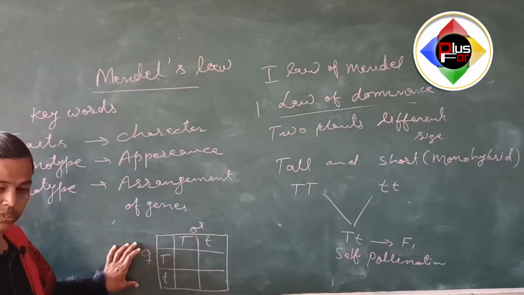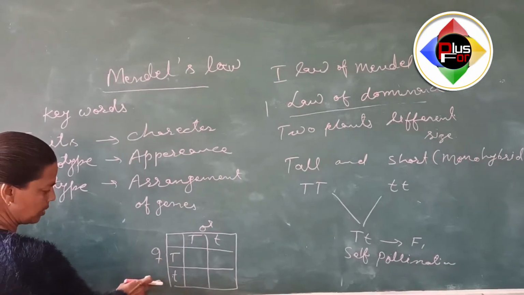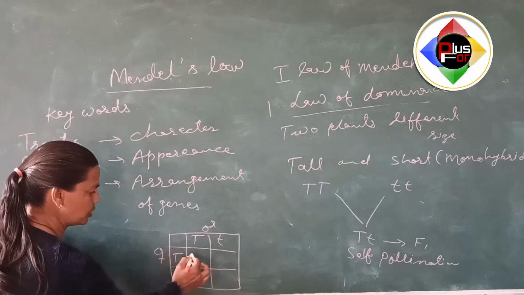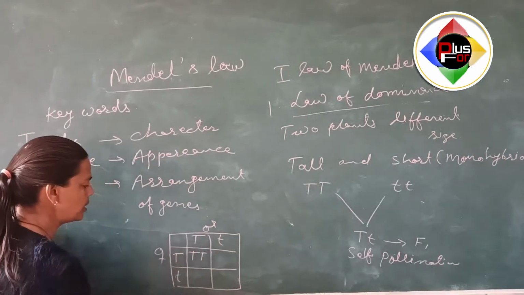This is the female, and the genes of the female plant are this, and the genes of the male plant are this. When this T crosses with T, we get T and T.